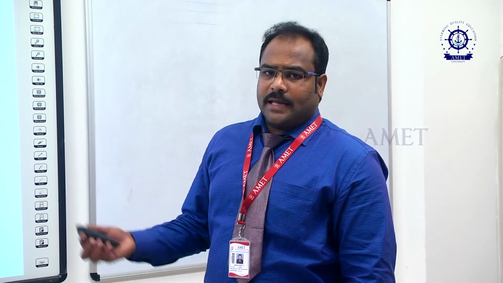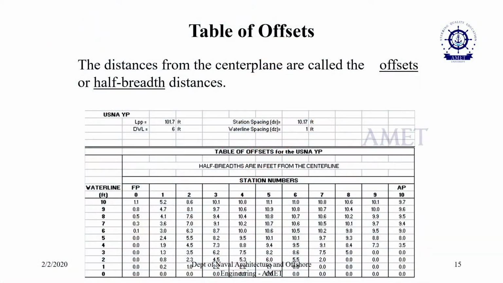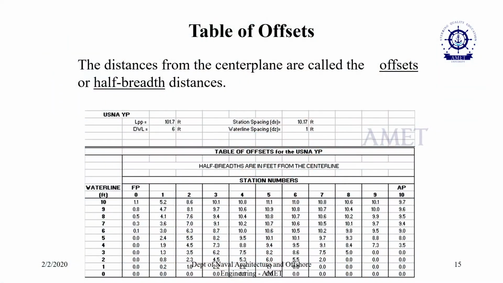In an example of a table of offsets, the distances from the center plane are called the offsets or half-breadths. In the slide you can see the rows are the waterlines and the columns are the stations. I give waterlines from 0 to 10 and stations from 0 to 10.